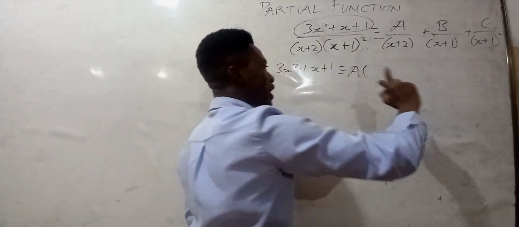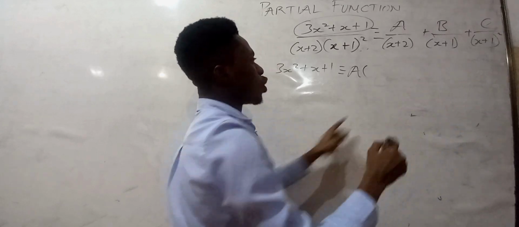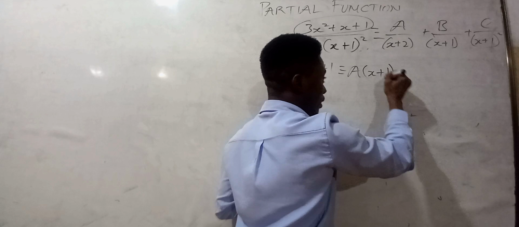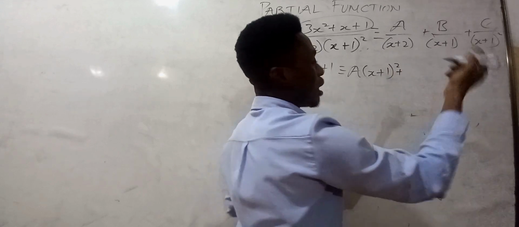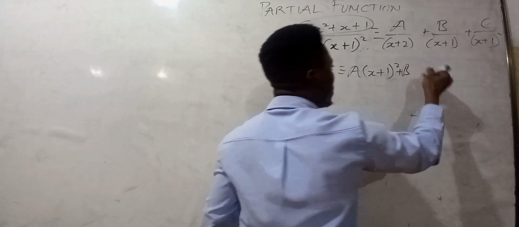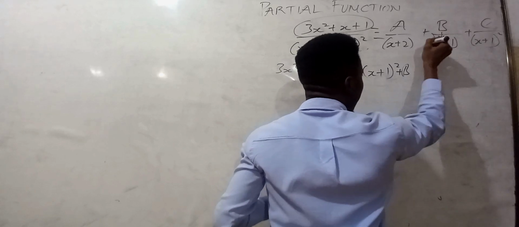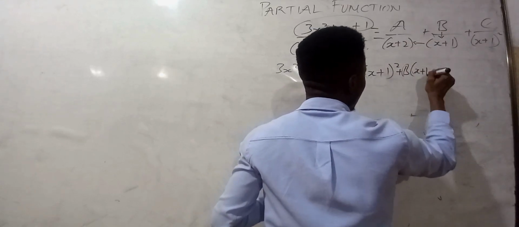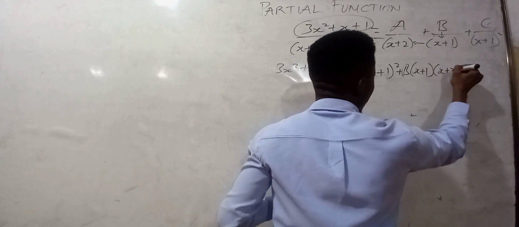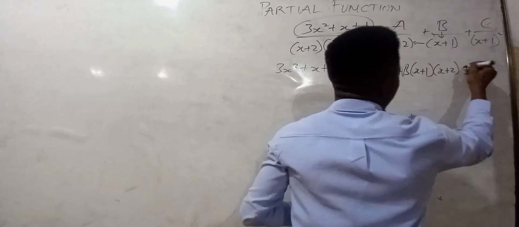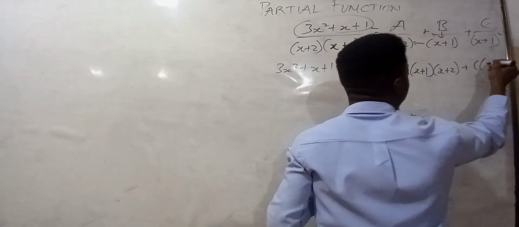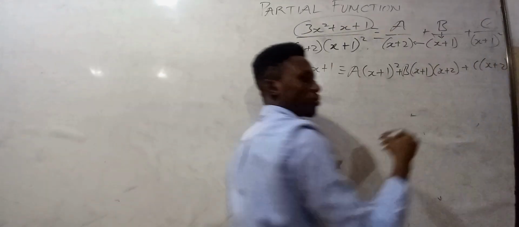And mind you, this works for the third type. So you multiply A by the denominator of C, you get this. Then with the B, you multiply B by its denominator and that of A. So B becomes x plus 1, x plus 2. And the C will take the denominator of A. So C becomes x plus 2.